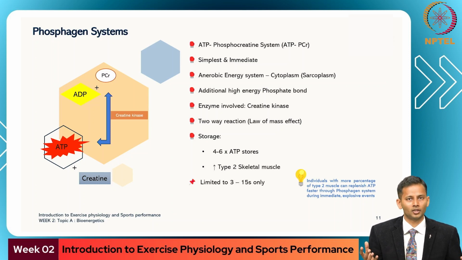So their type 2 muscles are more, so the repletion of ATP is faster through this phosphagen system. That is why they could perform the immediate explosive activity at a better efficiency compared to someone who is a marathon runner. A marathon runner naturally has to undertake a long duration activity, so you will have more type 1 skeletal muscle.